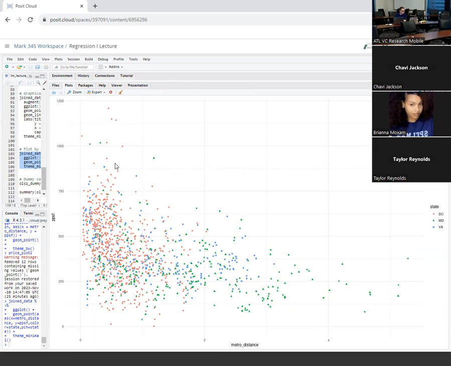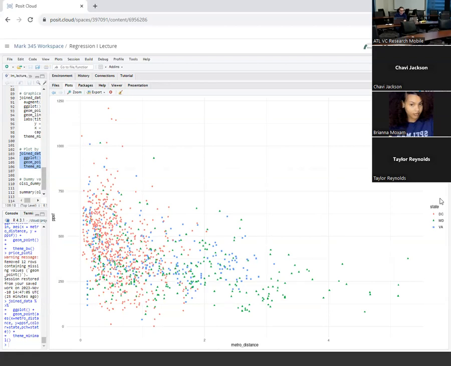DC. Okay. And so what we're going to do is allow the average price per square feet to be different for the DC versus the Maryland versus the Virginia geographical locations.